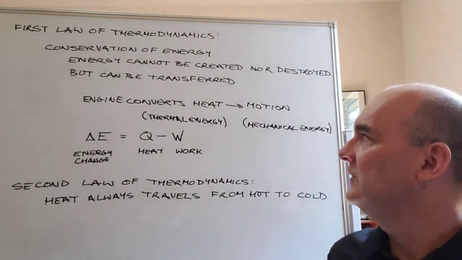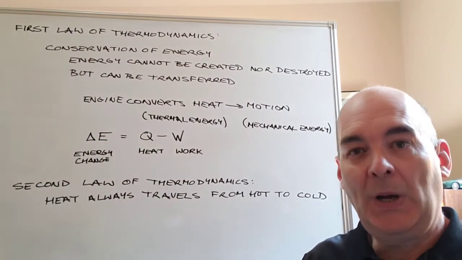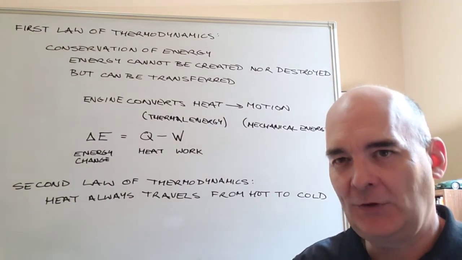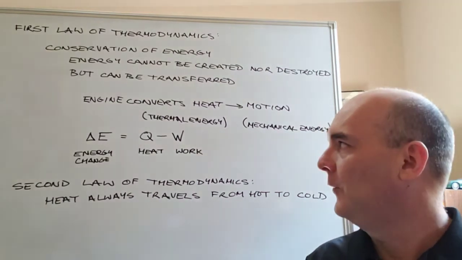So the conservation of energy says energy cannot be created, nor can it be destroyed, but it can be moved from one place to another place, or it can be moved from one form to another form.